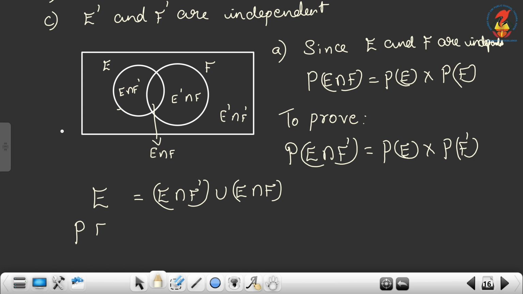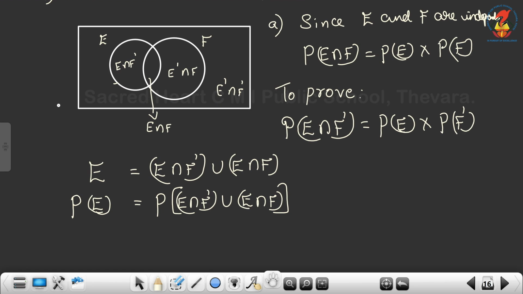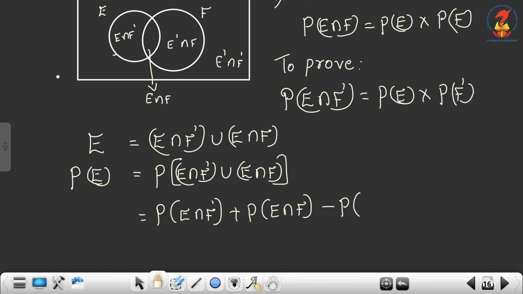Now P of E. What is P of E? That is equal to P of E intersection F dash union E intersection F. It's a set union, it's an event. In probability we have to say event. Put a bracket. Now the right hand side is in the form P of A union B. P of A union B is P of A plus P of B, then minus P of the intersection.